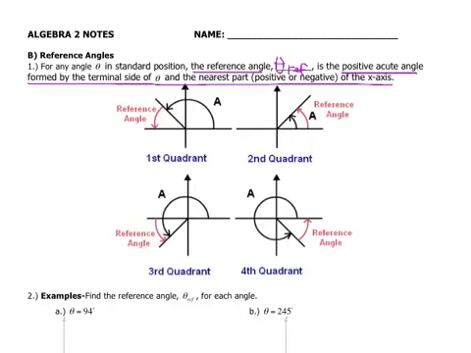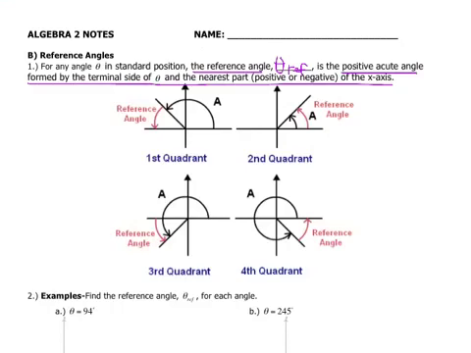I'll say it again. It's the positive acute angle, so it's always going to be positive and less than 90 degrees, formed by the terminal side and the closest part of the x-axis.